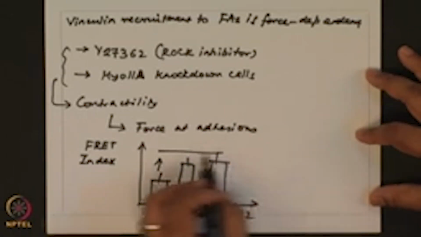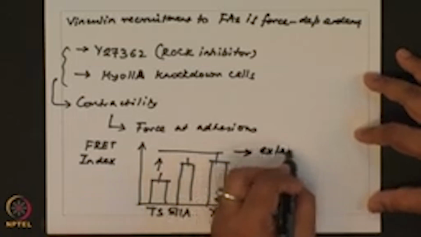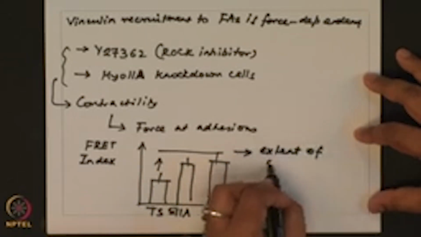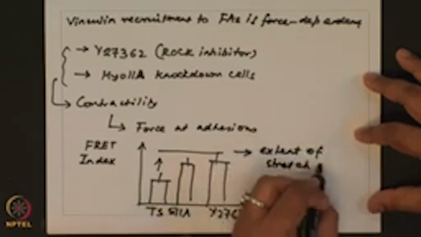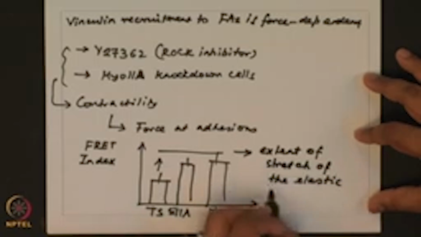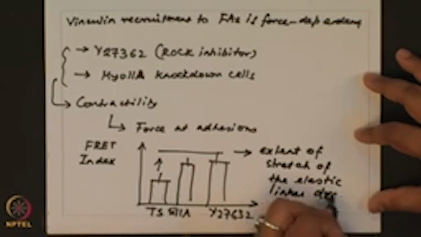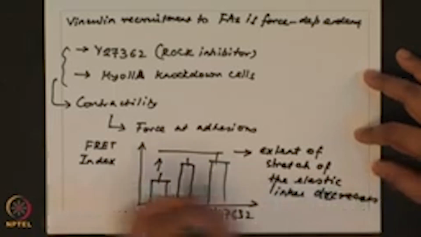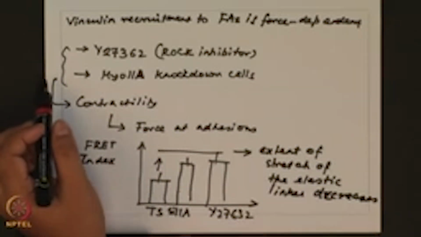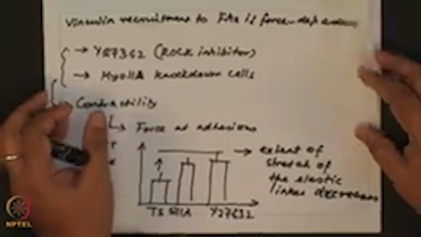A higher FRET index means that the extent of stretch of the elastic linker decreases. So, this shows that there is an association between forces and vinculin localization at adhesions.